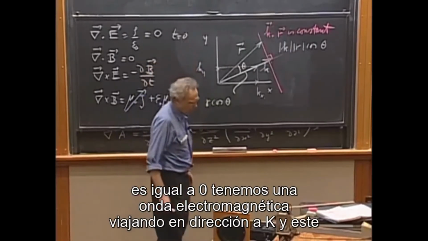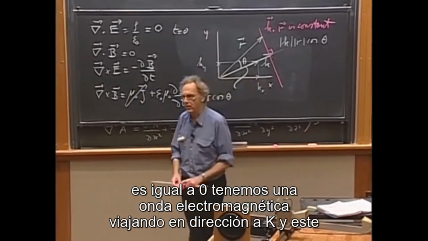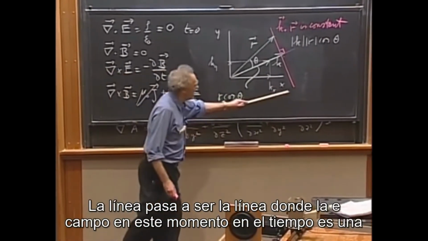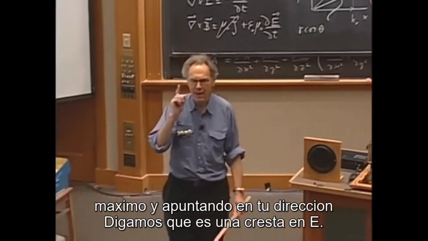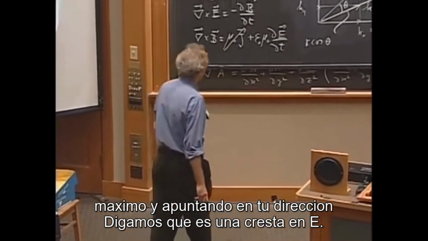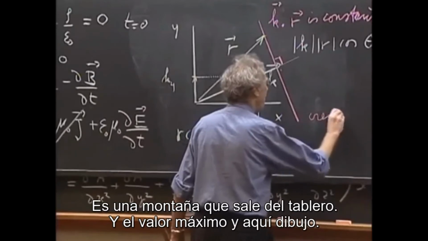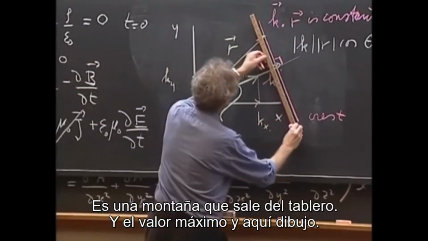Now at a given moment in time, at t equals 0, we have an electromagnetic wave traveling in the direction of k, and this line happens to be the line where the E field at this moment in time is a maximum and pointing in your direction, say. So it is a crest in E. It's a mountain coming out of the board, a maximum value.